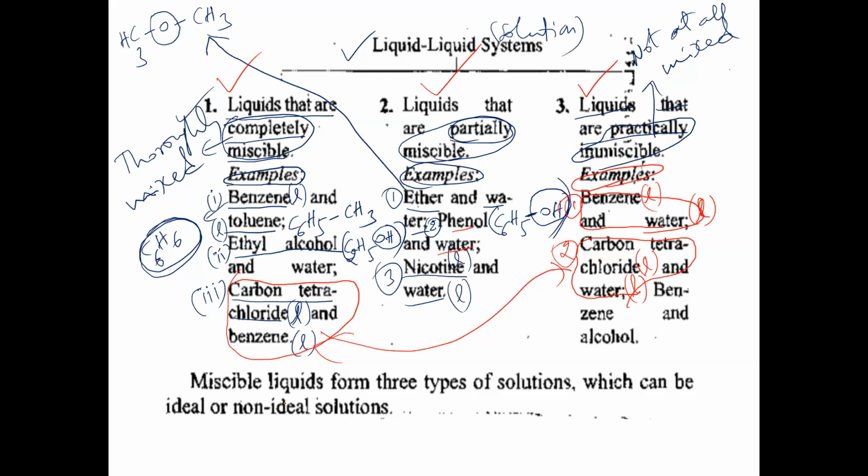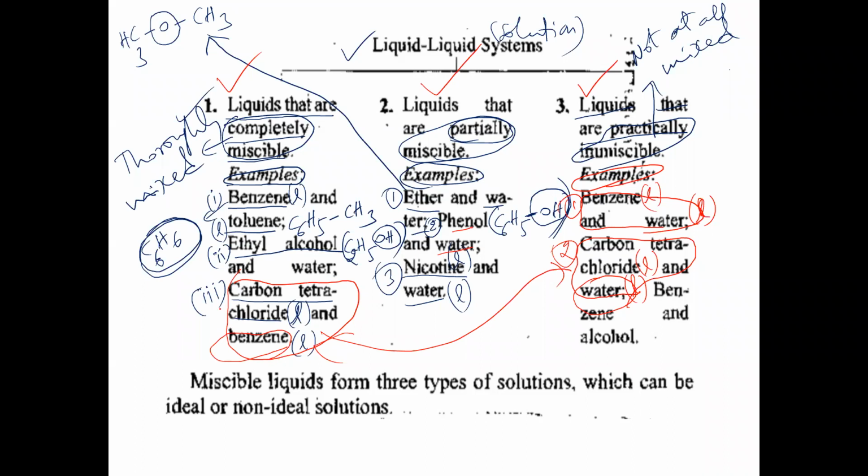The reason is that benzene is a non-polar solvent, but water is a polar solvent. Water is an example of a polar solvent. Benzene is an example of a non-polar solvent. Like dissolves like, do you remember the statement? Like dissolves like means non-polar substances are dissolved in non-polar solvents, and polar substances are dissolved in polar solvents.